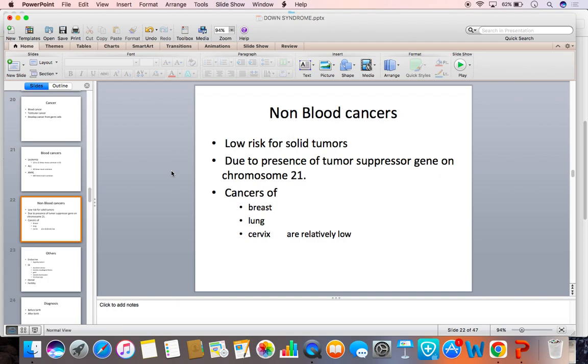Coming to non-blood cancers, there is low risk for solid tumors due to the presence of a tumor suppressor gene on chromosome 21. Cancers of breast, lung, cervix are relatively low. So solid tumors are less common because there is a suppressor gene located on chromosome 21.